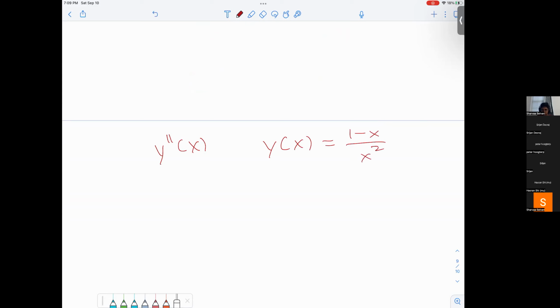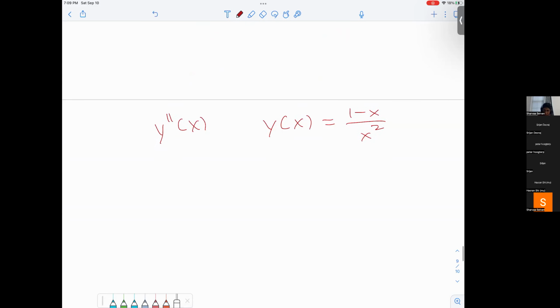So this is going to be a classic example of our quotient rule. So what we can do is we can say, okay, low d high minus high d low all over low squared, which is x squared squared, so x to the fourth. So what we've done here is the lower function times the derivative of the upper function minus the upper function times the derivative of the lower function all over low squared.